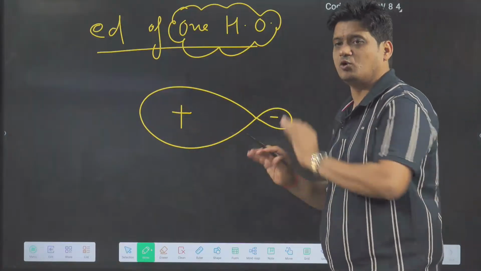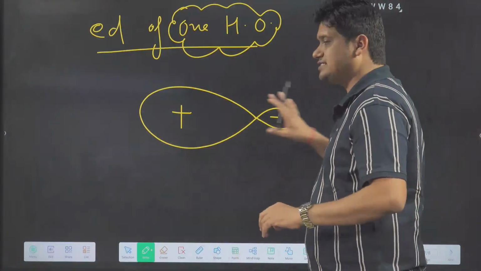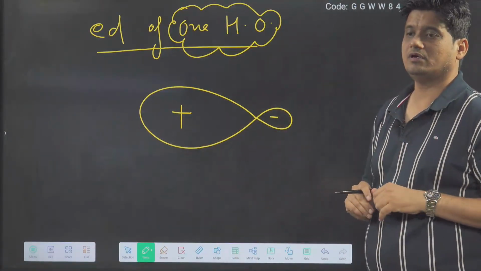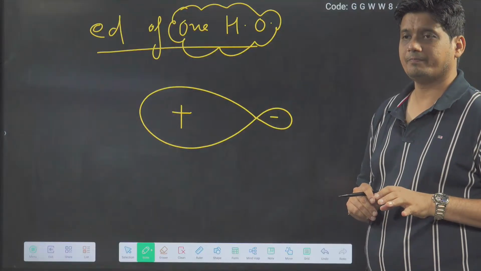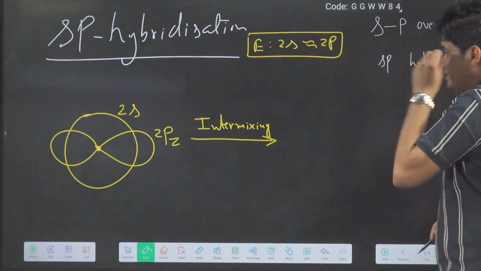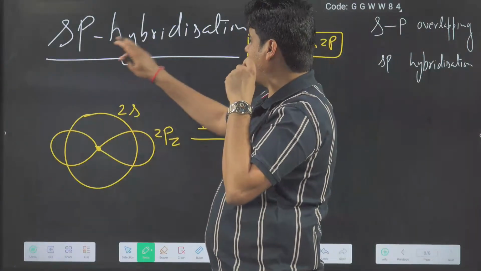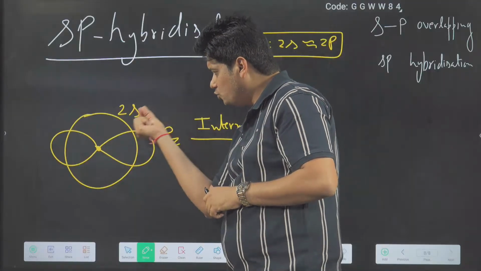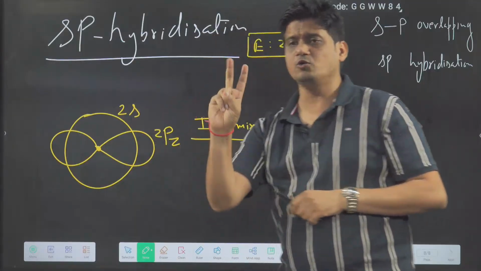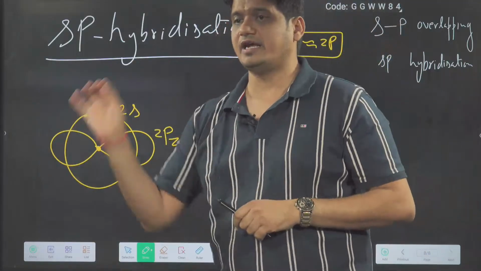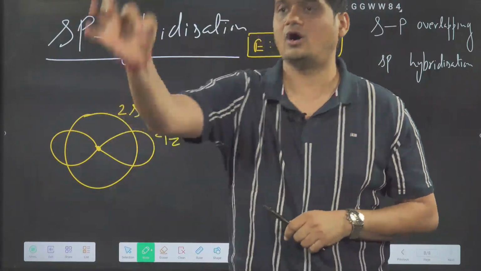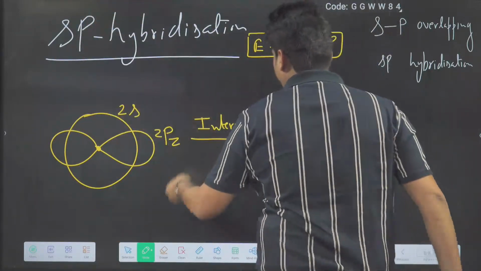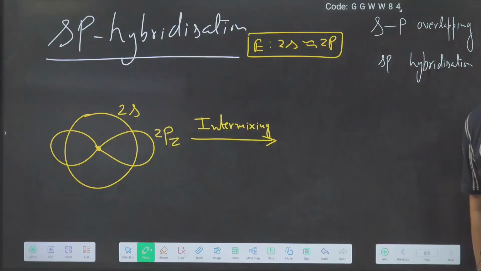This plus and minus don't represent charge, they represent the wave. Now for sp hybridization, I have one 2s and one 2p, so two atomic orbitals, and I will get two hybrid orbitals.